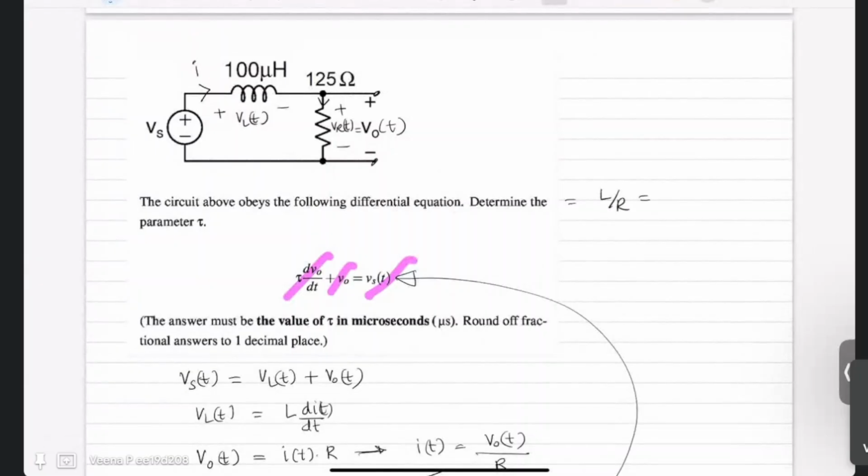So your L is 100 microhenry and your R is 125 ohms. So you substitute it and you can get your tau.